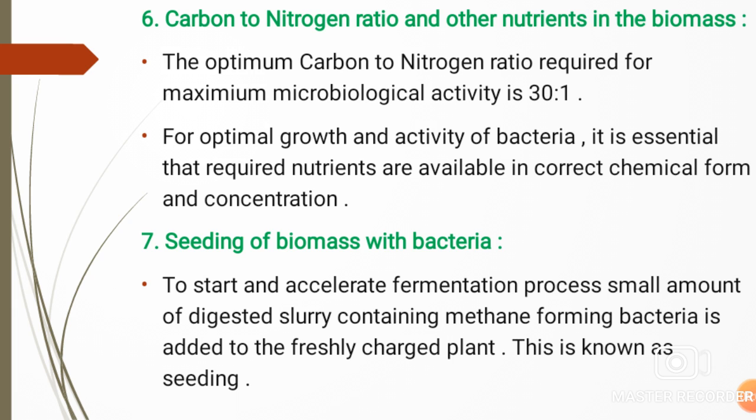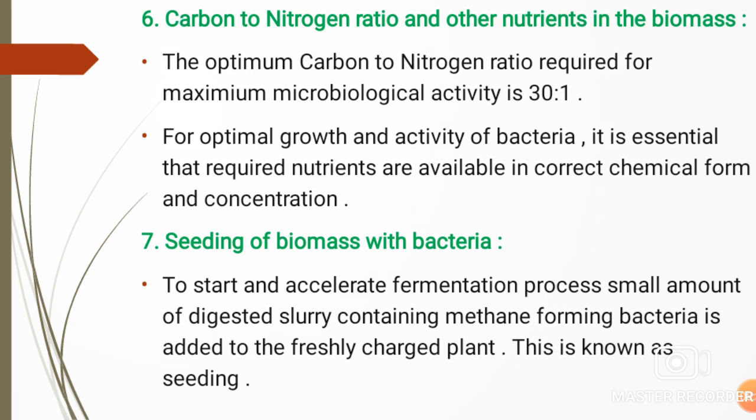That means when there is a proper concentration of nutrients available in the digester, then the growth and activity of bacteria is proper, and we get better efficiency of that biogas plant. This is the sixth one, the carbon to nitrogen ratio and other nutrients in the biomass.